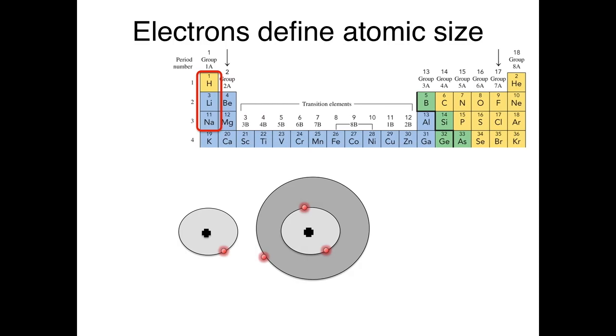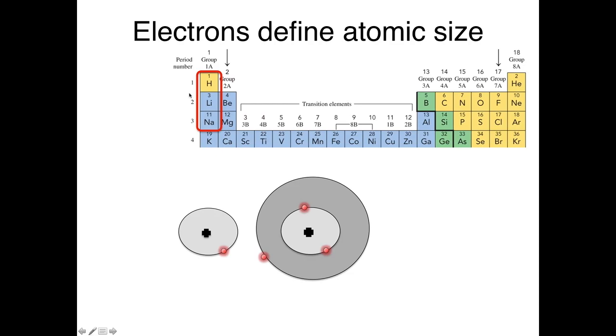One way of thinking about the atomic size, since we can imagine atoms as spheres, is to think about the radius of the atom. And the radius of the atom is the distance between the nucleus and the outermost electron. So it does make sense that as you go from electrons in the first shell to the second shell, your radius is increasing. So far, the trend we see is as you go down the periodic table, every single time you move on to a new period, you have a new shell, right?